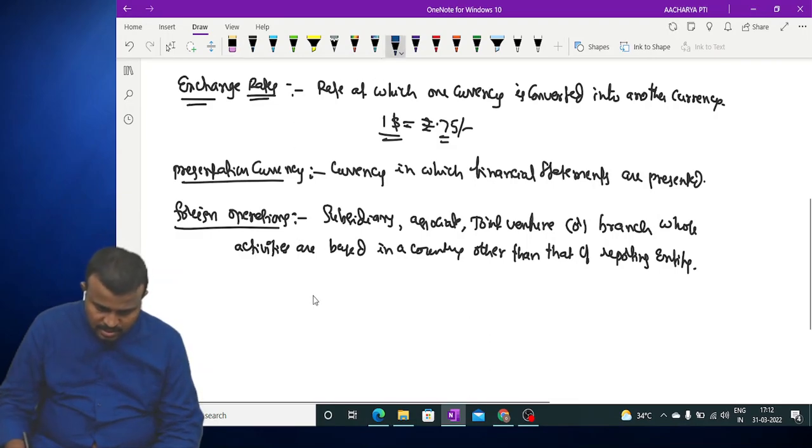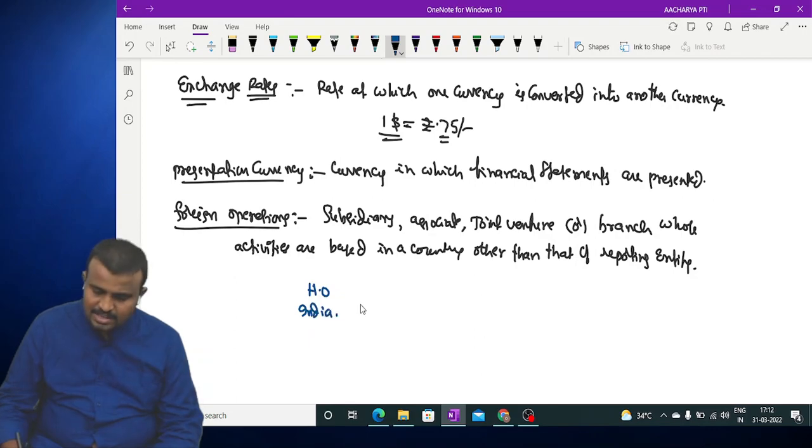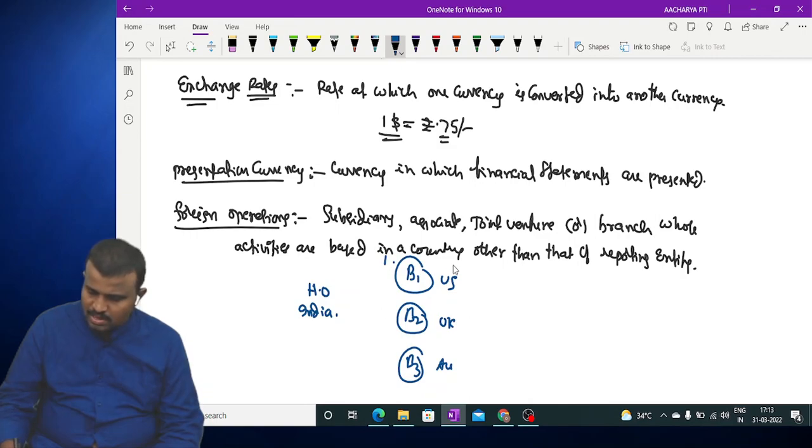For example, the head office is located in India, and its branches are available in different areas: branch one in the US, branch two in the UK, and branch three in Australia. These branches are foreign operations to the reporting entity.